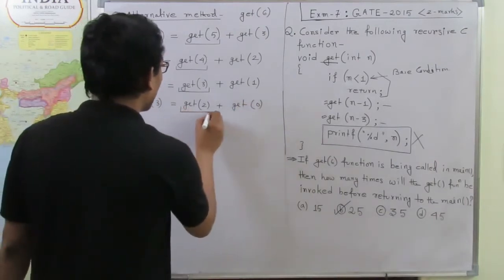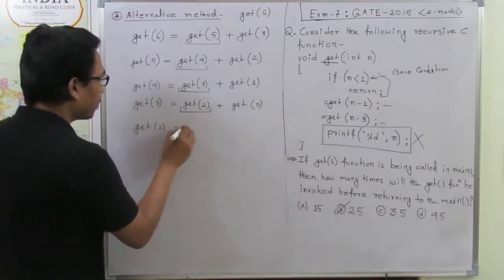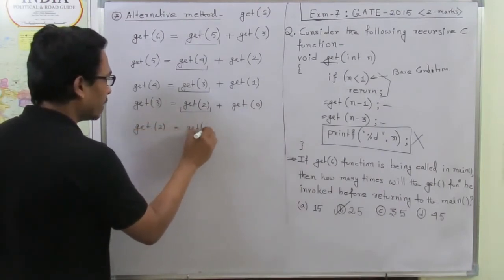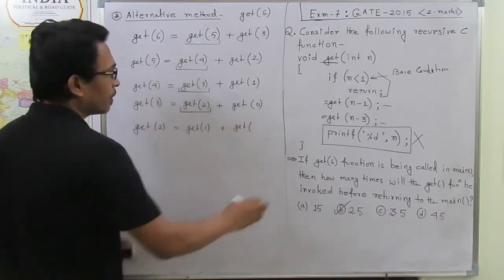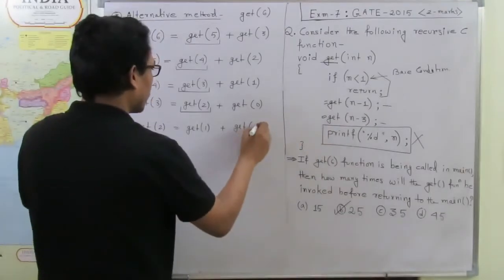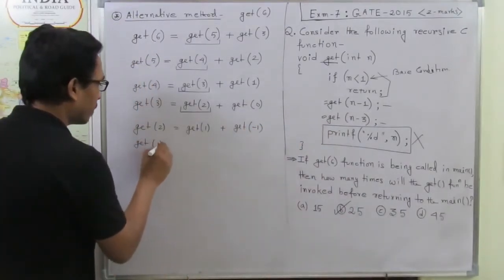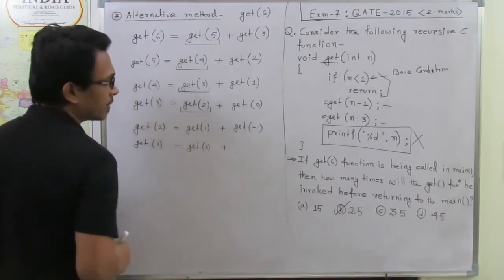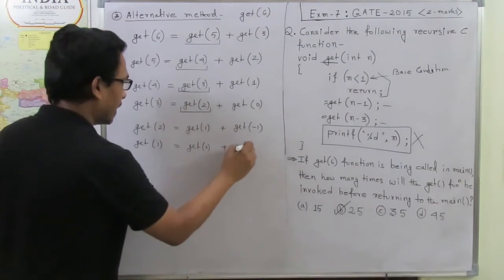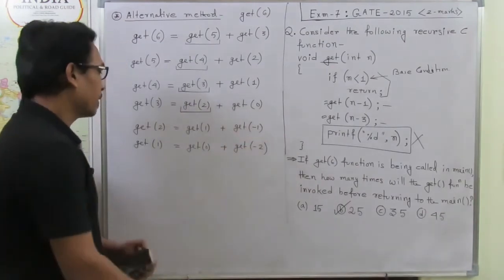Now we have an unknown for this one, so get 2 will be get 1 plus get 2 minus 3, meaning get minus 1. Now next part, get 1 will be get 0 plus get minus 2. Correct? Yes.